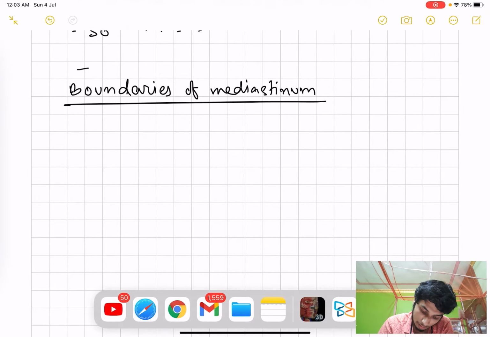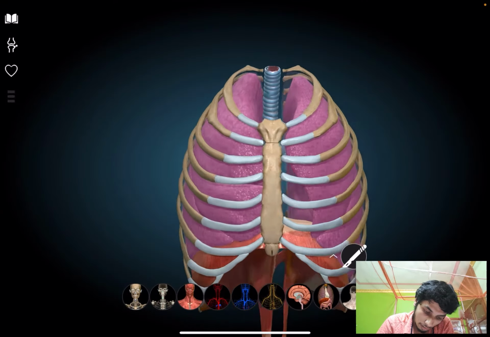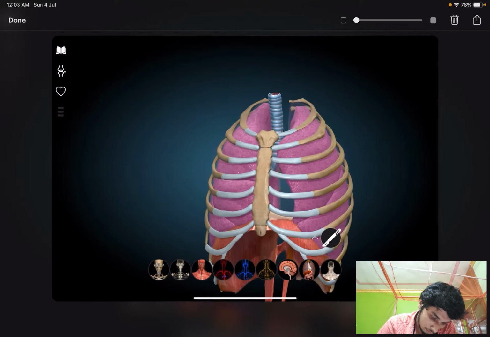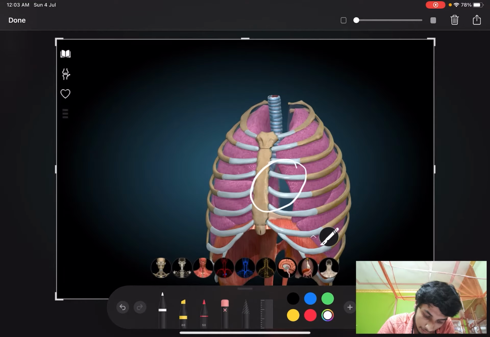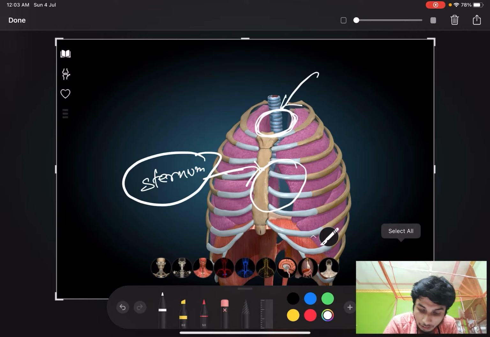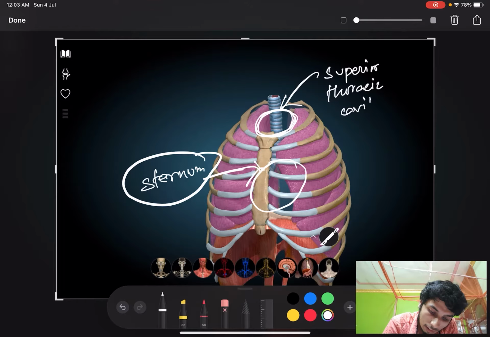First, let me show you the picture. So this is mediastinum. As you can see, what is in its anterior? This is what? Sternum. Yes, sternum anteriorly. At the superior position there is a cavity. What is this cavity called? This cavity is superior thoracic cavity.